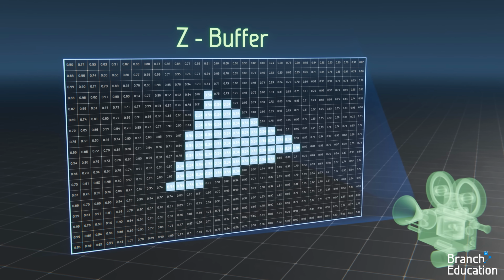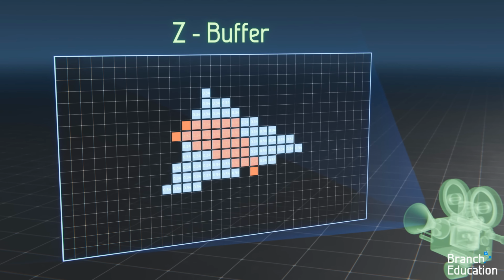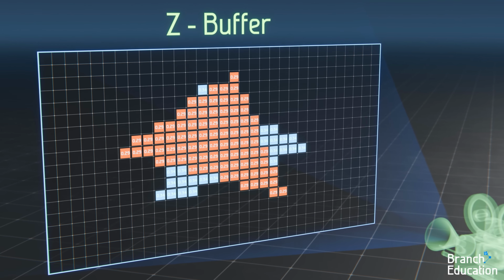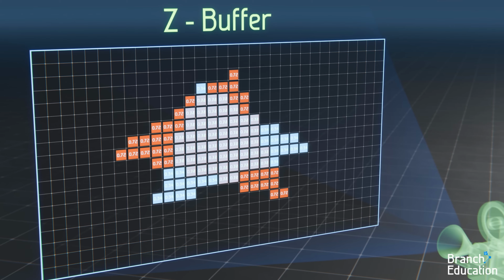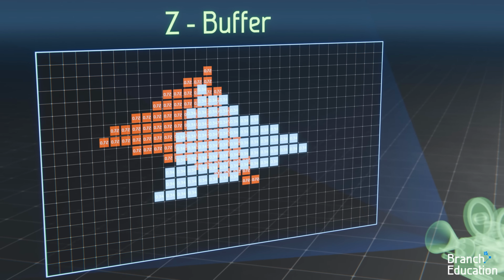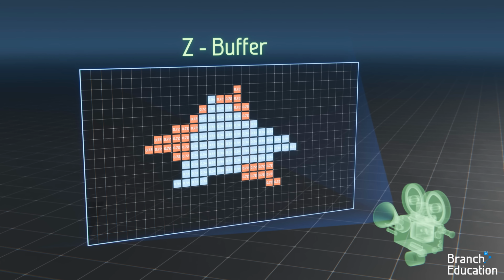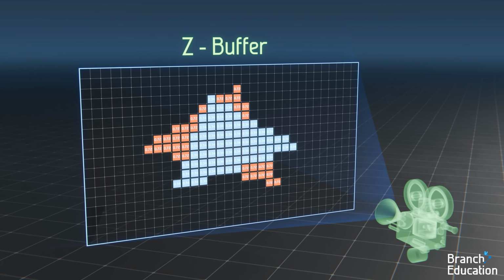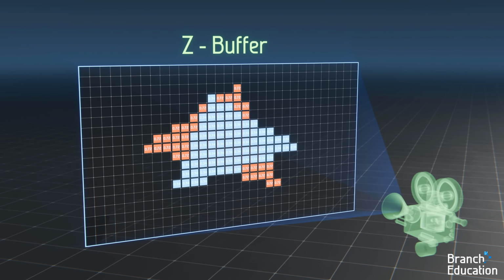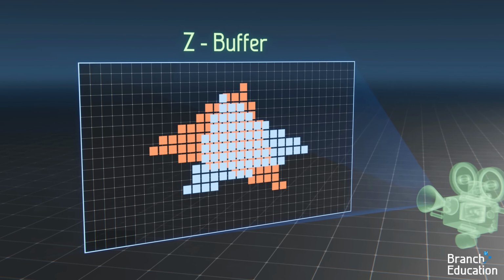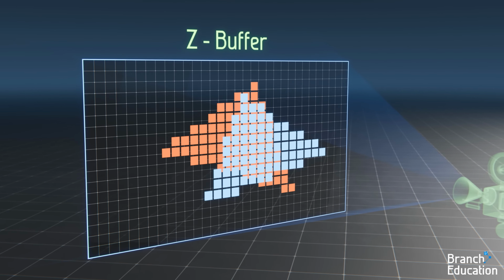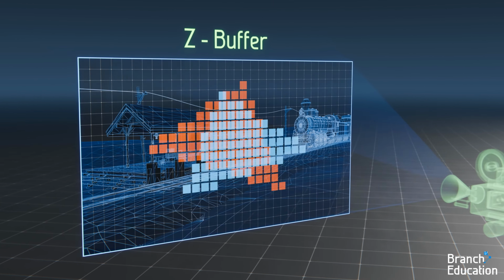Z values. However, let's say a second triangle comes along with Z values that are higher than those in the Z buffer, meaning the triangle is further away. We just throw it out and keep the pixels from the triangle that was previously painted with lower Z values. Using this method, only the closest triangles to the camera with the lowest Z values will be displayed on the screen.